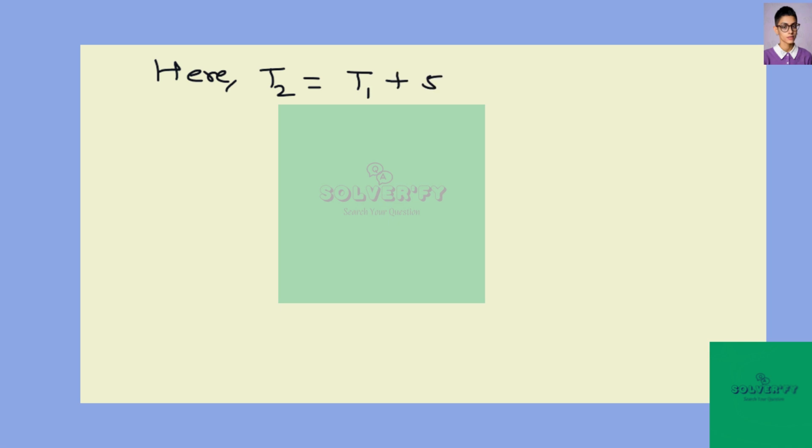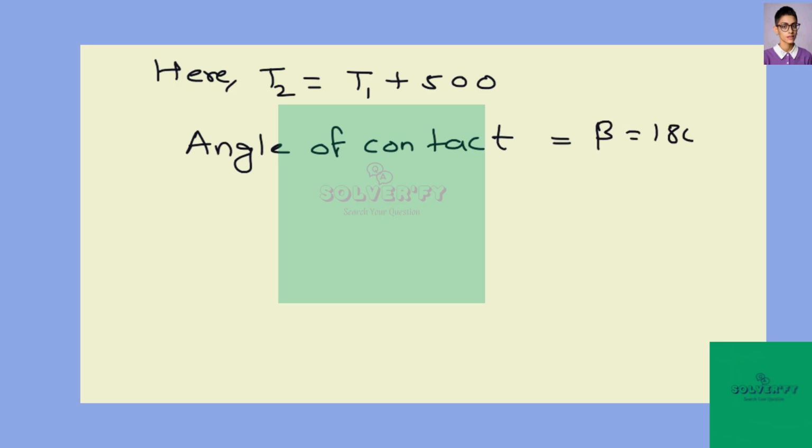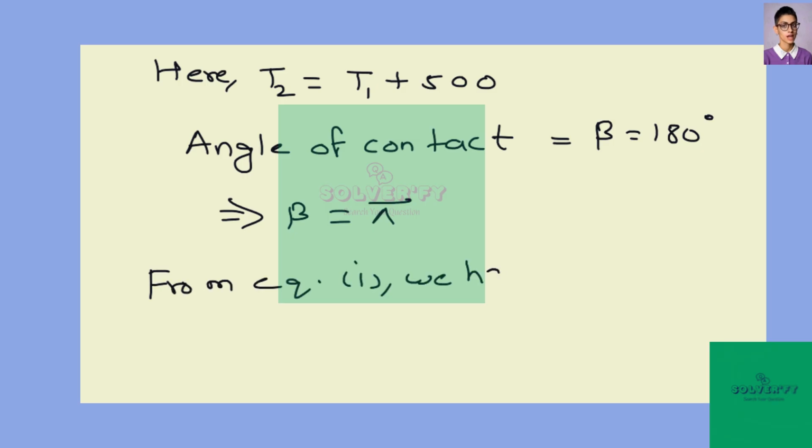T2 is equal to T1 plus 500. Angle of contact is equal to beta is equal to 180 degrees, or beta is equal to pi. From equation 1 we have T1 plus 500 is equal to T1 e to the power 0.2 into pi.